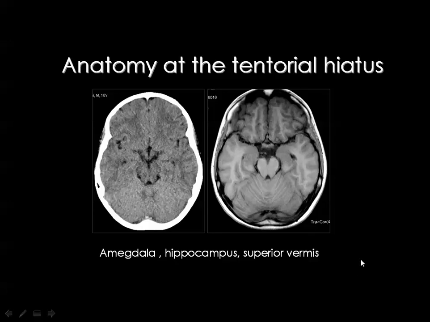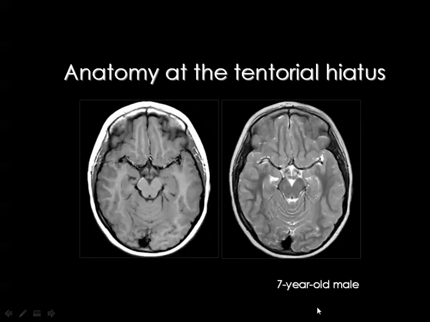In the lower sections you see the inferior vermis, but in the upper sections you see the superior vermis of the cerebellum. Then here, if you look carefully, you see the quadrigeminal cistern, and this is the classic configuration of the midbrain. This is the midbrain, as you see, and this dot represents the aqueduct of Sylvius.